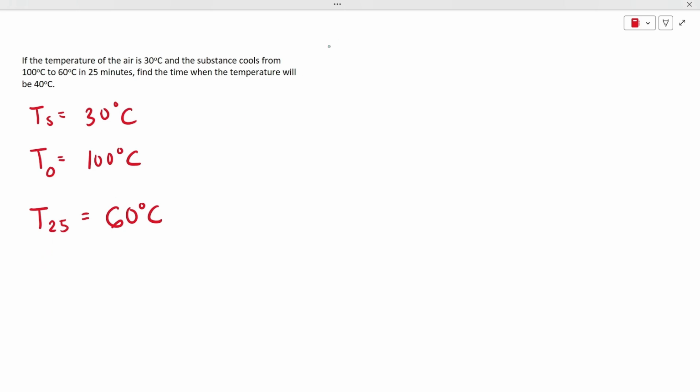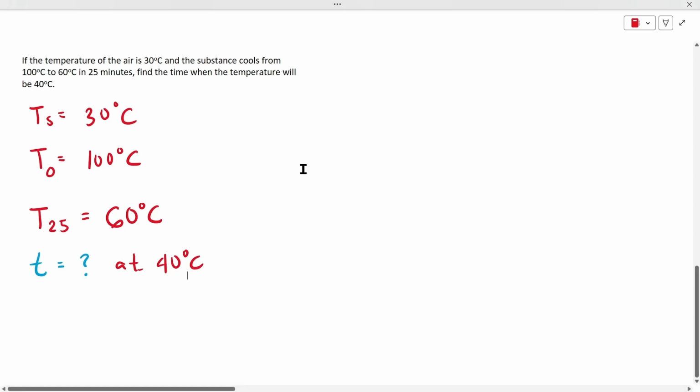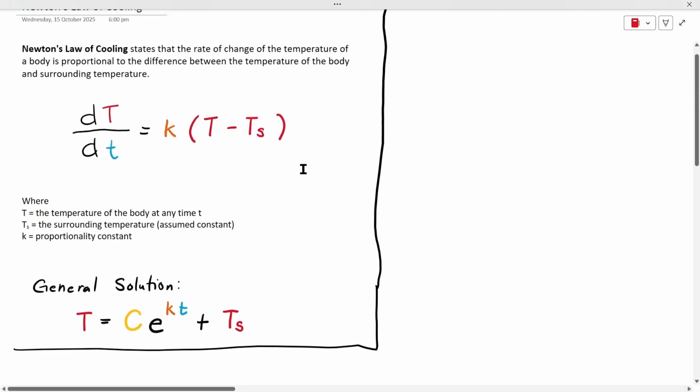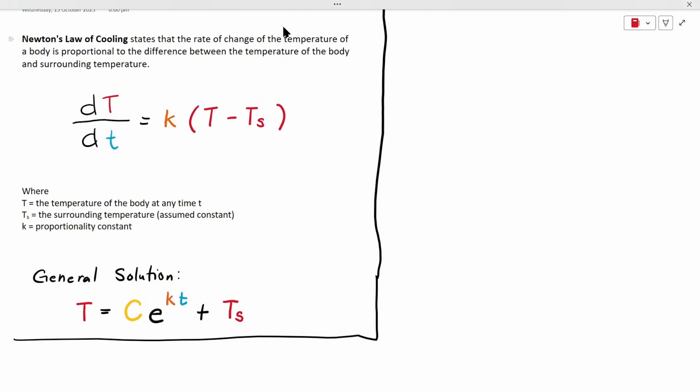That will be the time at 40 degrees Celsius. Again, using the general solution here, let's solve this problem.